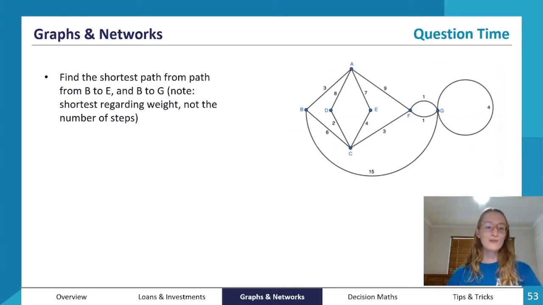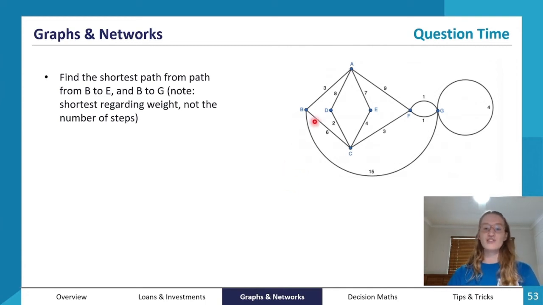Like I said, when we're talking about the shortest path, it would probably actually be more accurate to say the lowest weight. Because for example, we're going to be looking at finding the shortest path between two different vertices. First, from B to E, and secondly, from B to G.